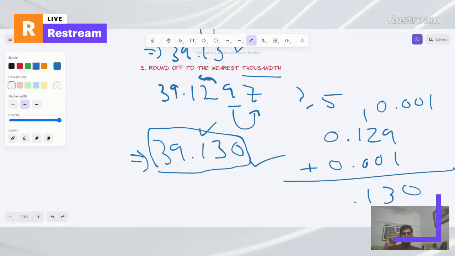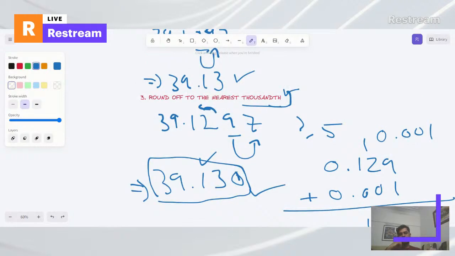I've got one answer, which is 39.13, but as I've written, round it off to the nearest thousandth, so we have to write 0 afterwards. 39.13 is correct, but it's not right to write it down as 39.13. When we ask you to round it off to the thousandth, that means 0 is going to be added there. So just to clarify.